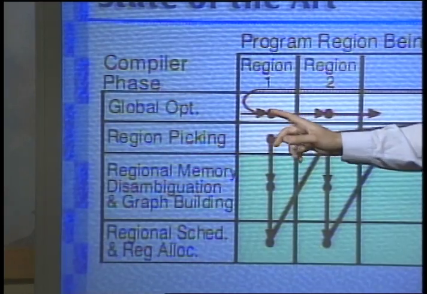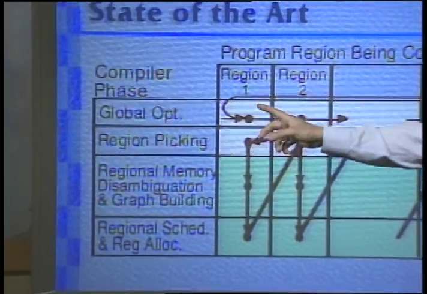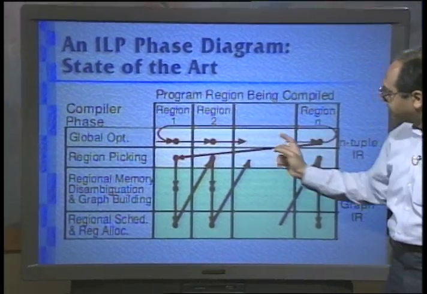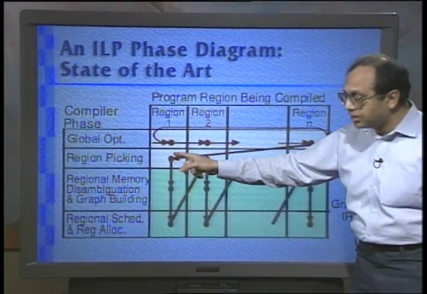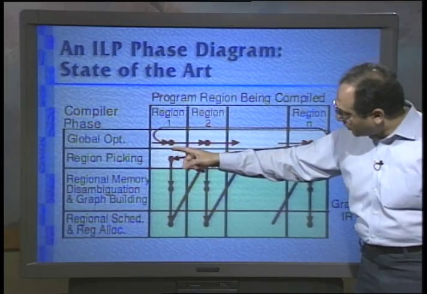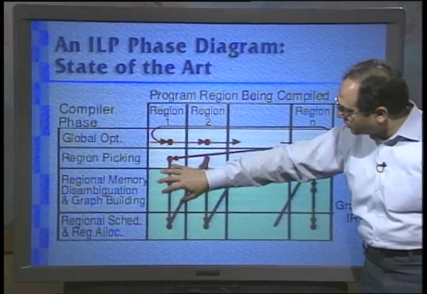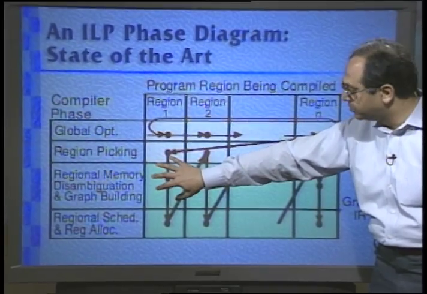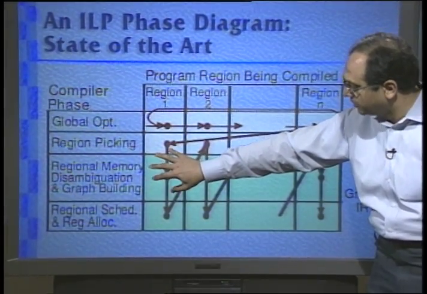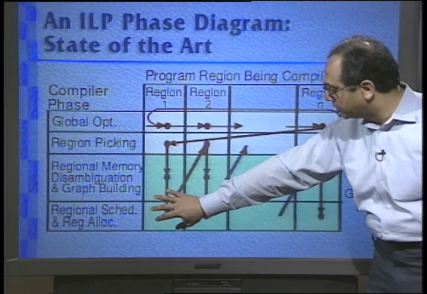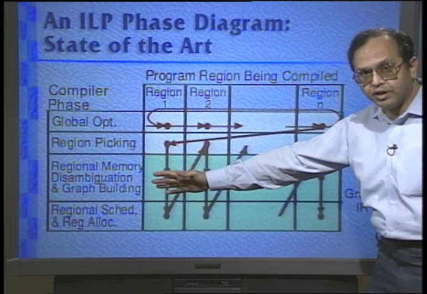So the way this compiler operates is you first go ahead and do all your global optimization. Then you come over here, pick a region. For that region, you do the memory disambiguation, build the data dependence graph. You do the scheduling on that region, and then you can throw away the dependence graph.